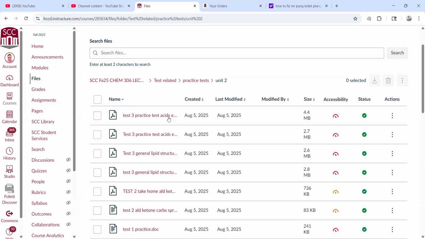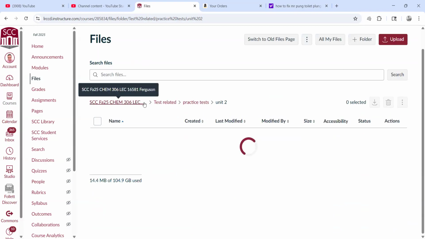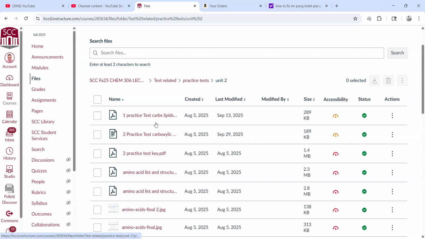I could have sworn I remember, maybe it's an older version of Canvas where you can widen the column so you can see the whole name. Well, maybe not.